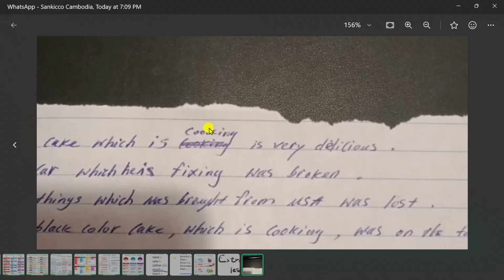It looks like the cake is doing the action of cooking. No, the cake is being cooked. It should be passive. So the cake which is being cooked, this is the passive, is very delicious. Okay? Because the cake doesn't do the action, right?